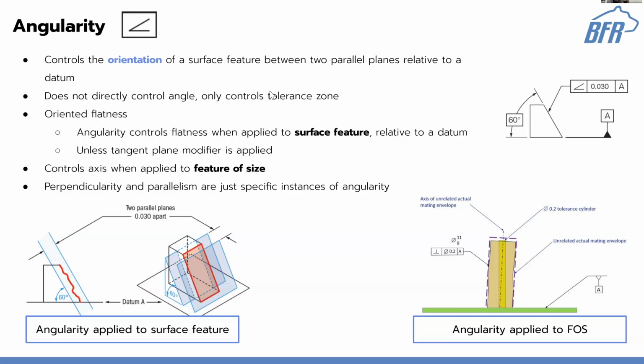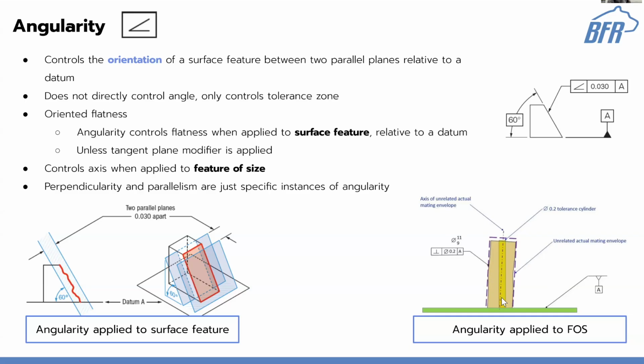But if I apply it to a feature of size, like a slot or commonly a hole, I might say this one uses a perpendicularity control on a hole or a bolt or whatever this is. And that'll basically say it's applying it to the axis. So the axis can only be so angled before it actually goes out of bounds.